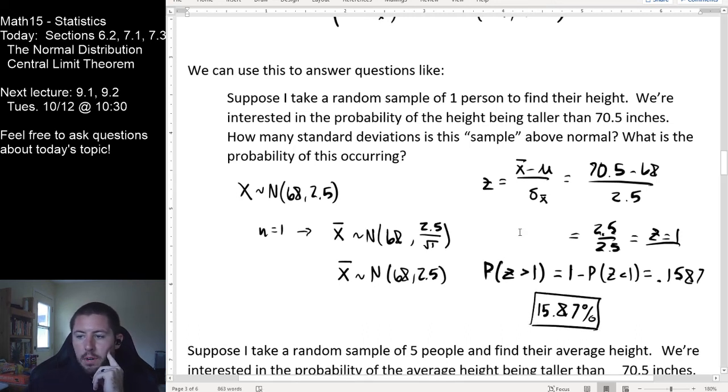I computed my number of z-scores, and I computed the probability in the standard normal distribution because we converted our x information into z information. Our x information was this stuff, x bar information. Our z information was just about the standard normal distribution because we're in z land. Being in z land means you have less stuff to keep track of. So if we do this computation first, we're helped.